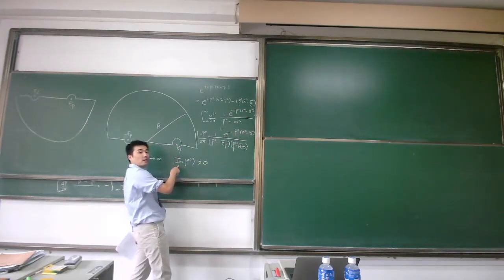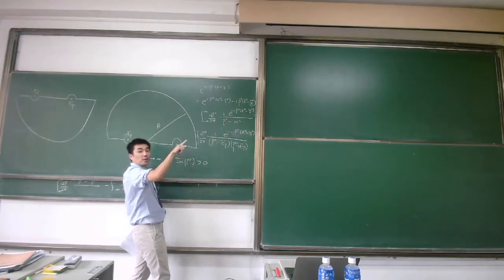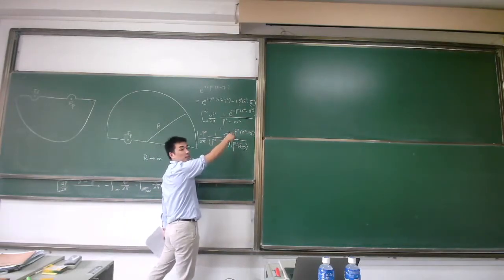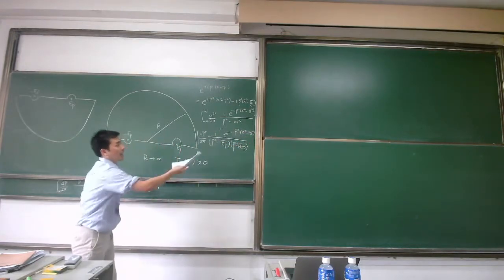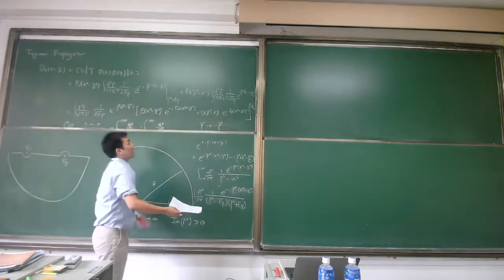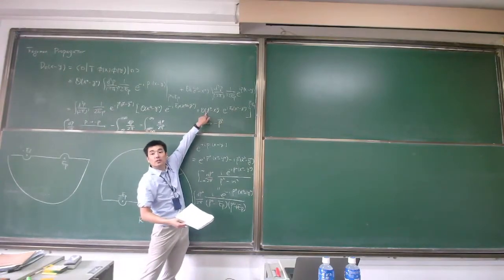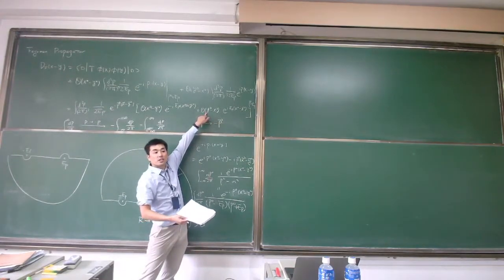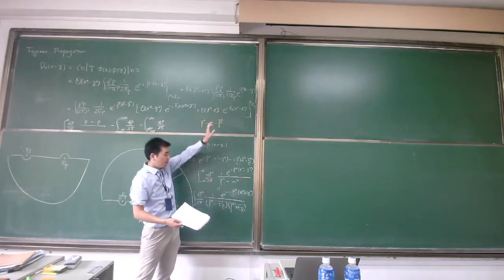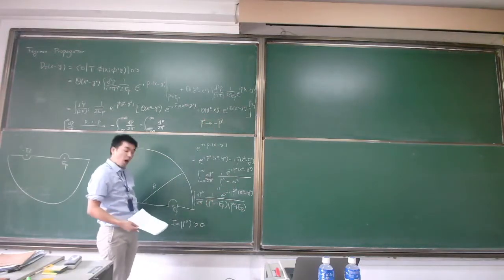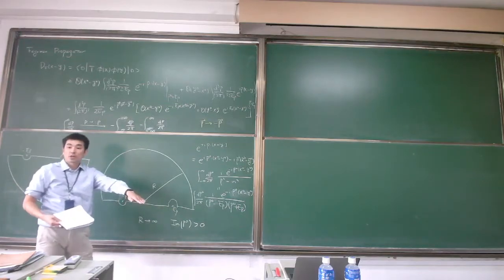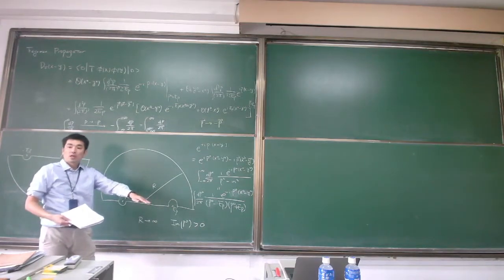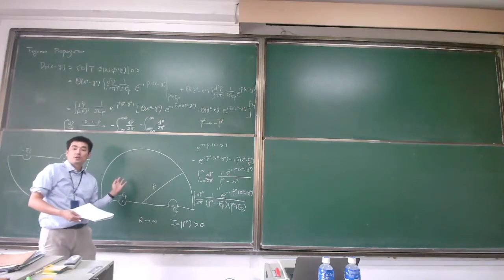Then you get a plus sign in the real part of this inner product. However, x0 minus y0 is always negative because of this theta function. So once you take R to infinity, the arc contribution decays exponentially. Therefore, the arc does not contribute anymore.